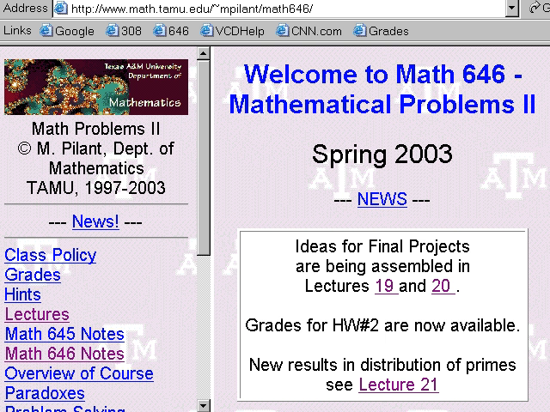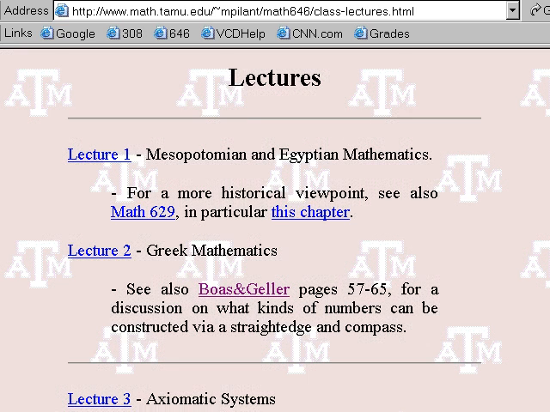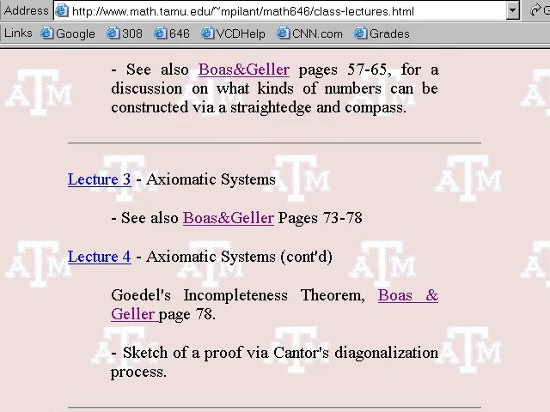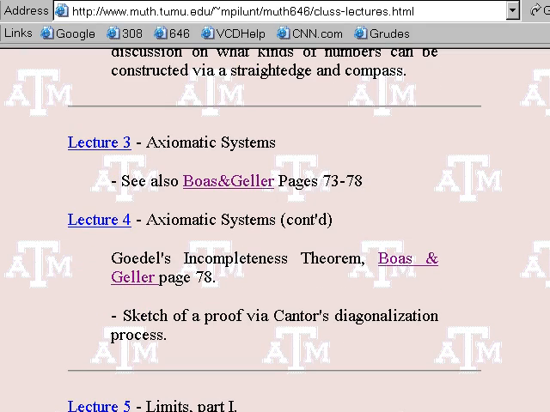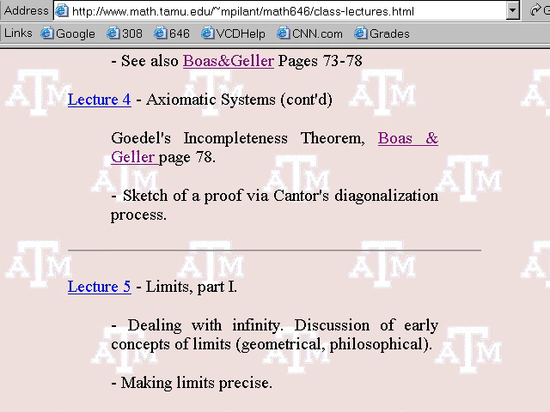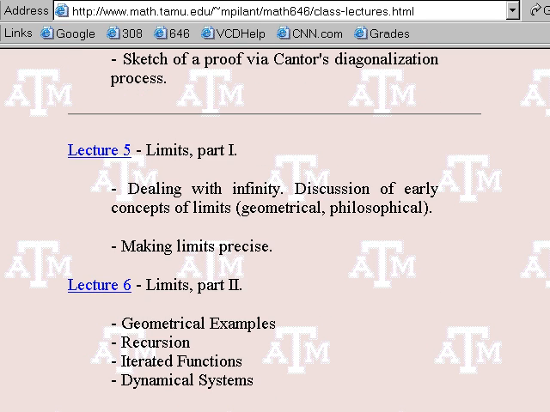Now, I did want to talk a little bit about the following. We've talked in this course about a number of kinds of mathematical problems. As we've seen, we've had historical problems from ancient Mesopotamian, Egyptian, and Greek mathematics. We then talked about the axiomatic systems and how they generated primes and the difficulty with purely axiomatic systems.